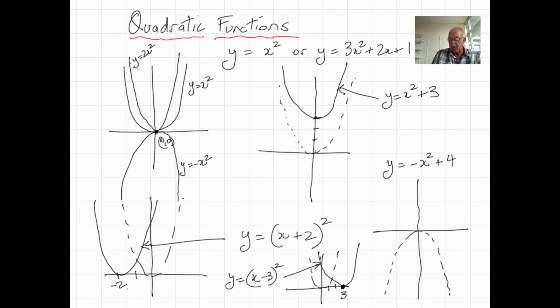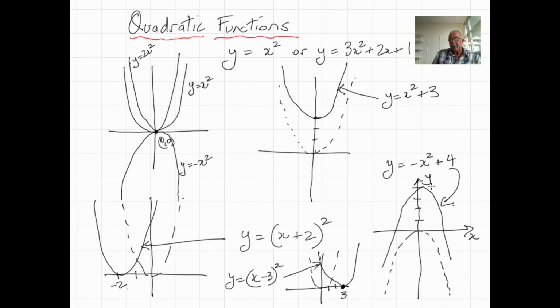So that's y equals negative x squared. What does the plus 4 do? It simply moves that graph up 4 units. And then we draw the same graph. So that's y equals negative x squared plus 4. So we probably should put some names on our axes here.